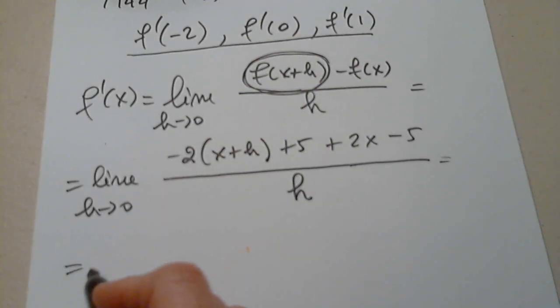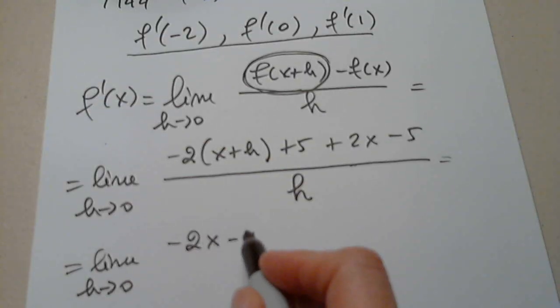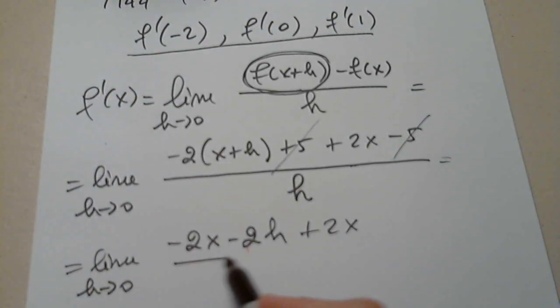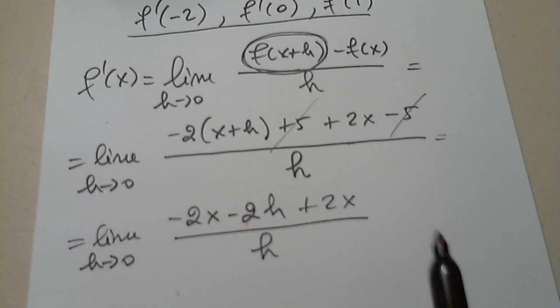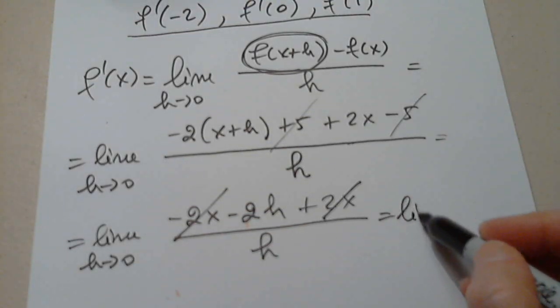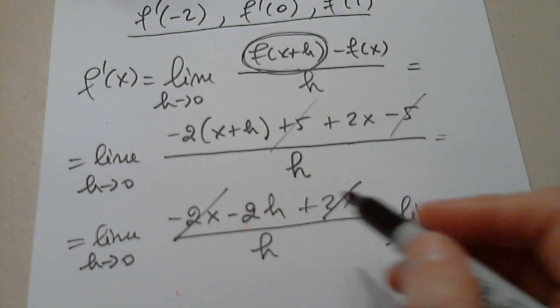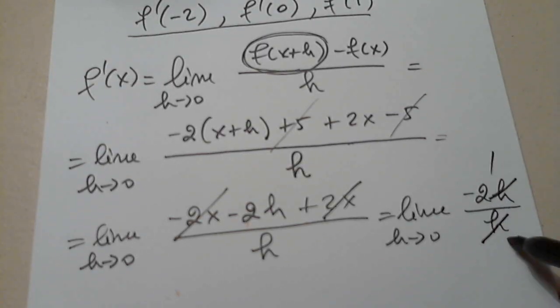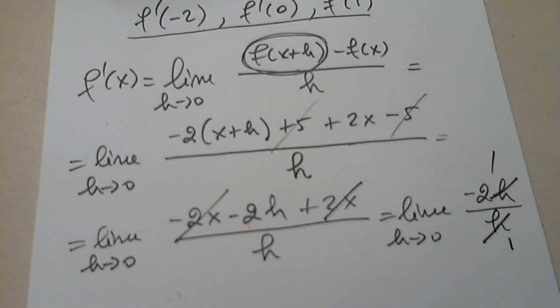Okay, so this is limit as h approaches 0, negative 2x minus 2h, these two are gone, plus 2x divided by h. And look at this. As expected, all terms without h are gone. Then I rewrite limit as h approaches 0 of negative 2h divided by h, exactly as before. Now the h from the top cancels with h from the bottom.